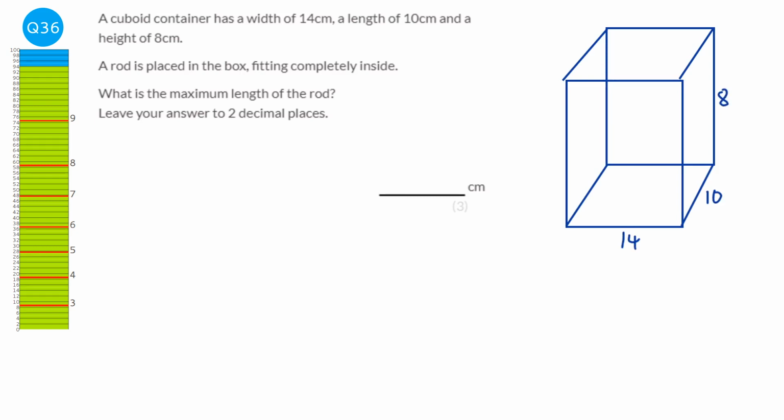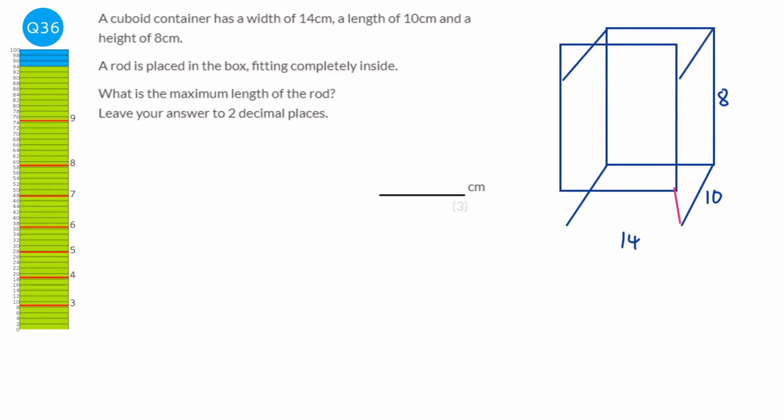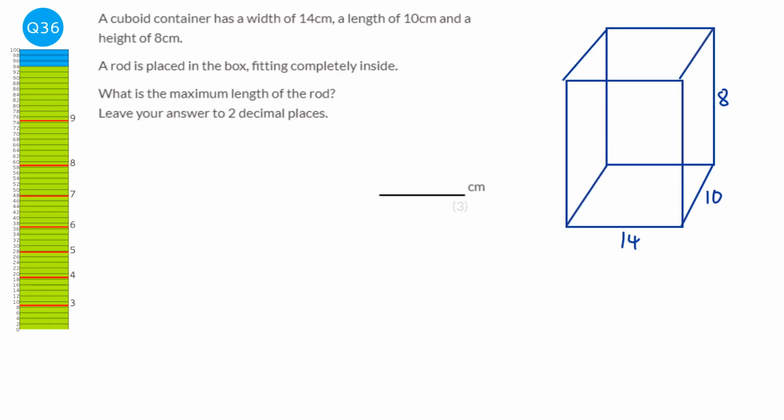Now the longest part of the cuboid will be the diagonal across it. So if I just show a diagonal there, and it doesn't really matter which one we pick. I could pick this one here, go diagonal like that. They're all the same length, all the diagonals across. So the rod will be, if it's the maximum length of the rod, it will be along this diagonal.